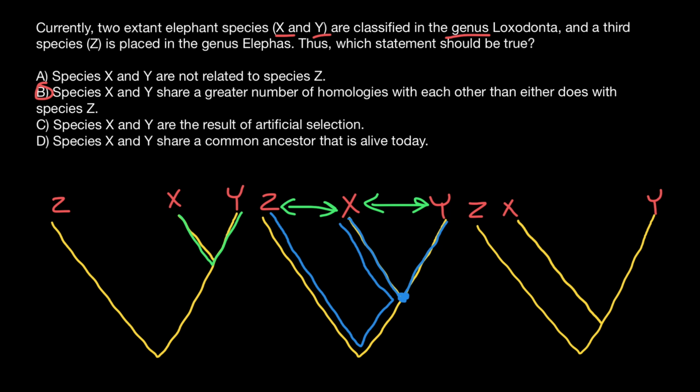And if we look at the third phylogenetic tree, species Z and X here look very close to each other.